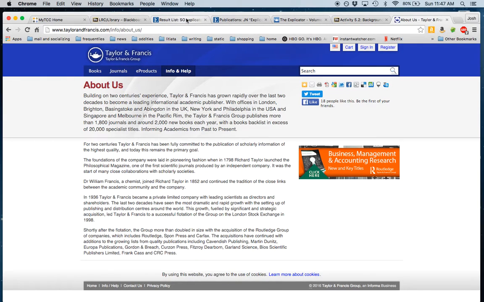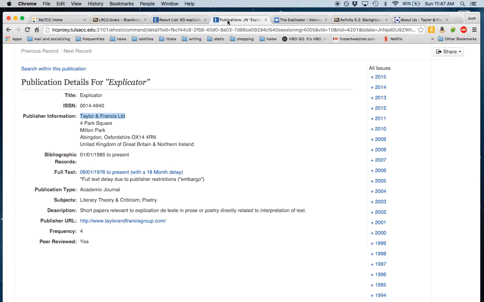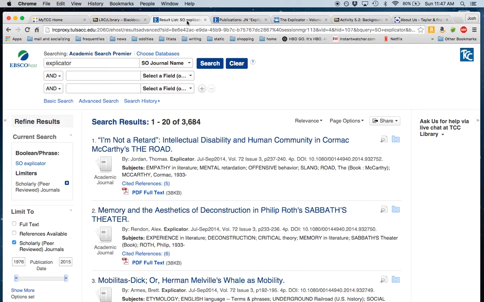The last thing I'll say about this publication, the Explicator, is that if you hear the terms primary source versus secondary source in this class, any of the articles that are within the Explicator here are going to be considered secondary sources because they are articles written about primary sources, the primary sources being the piece of literature that they're analyzing.